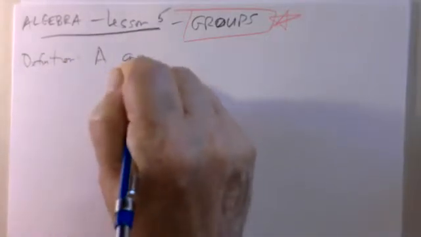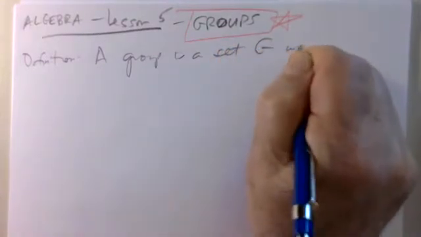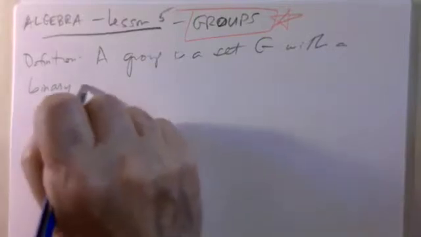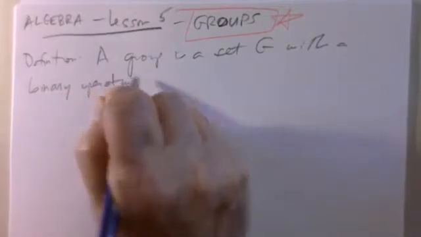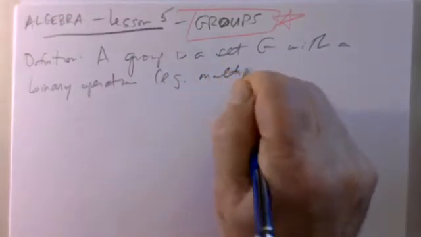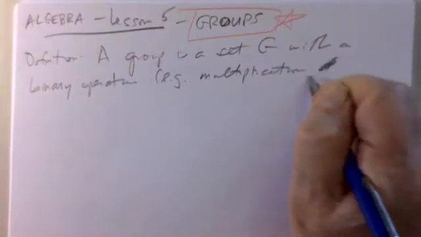give it full justice. So let me give the definition. A group is a set, I'll call it G, with a binary operation, for example, some kind of, we might denote it by multiplication or addition.